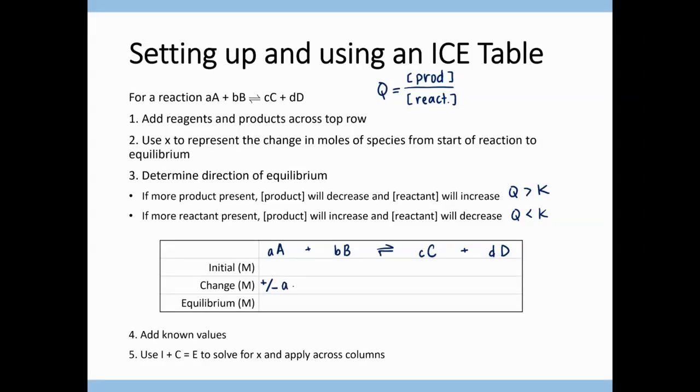So for A, it's the coefficient a times X. And for reactant B, it's either positive or negative, coefficient b times X. For C, follow the same pattern, positive or negative, lowercase c times X, and then the same for D. Then we'd add any known values that we have, initial concentrations or any equilibrium values that are provided, and we can use I plus C, initial plus change, equals equilibrium, to solve for X. Then we can apply X across columns.